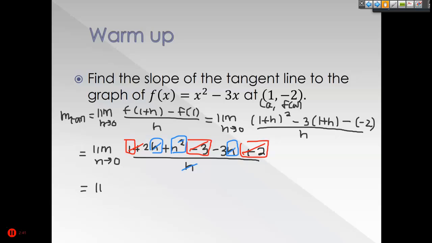Leaving me with the limit as h approaches 0 of 2 plus h minus 3. 2 and negative 3 are like terms, so you get negative 1 plus 0 for h, or negative 1. So the slope of the tangent line to the graph at that point is negative 1.